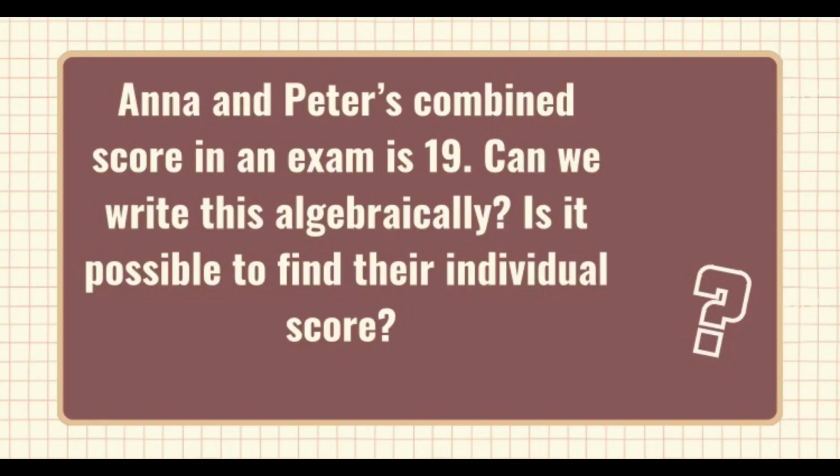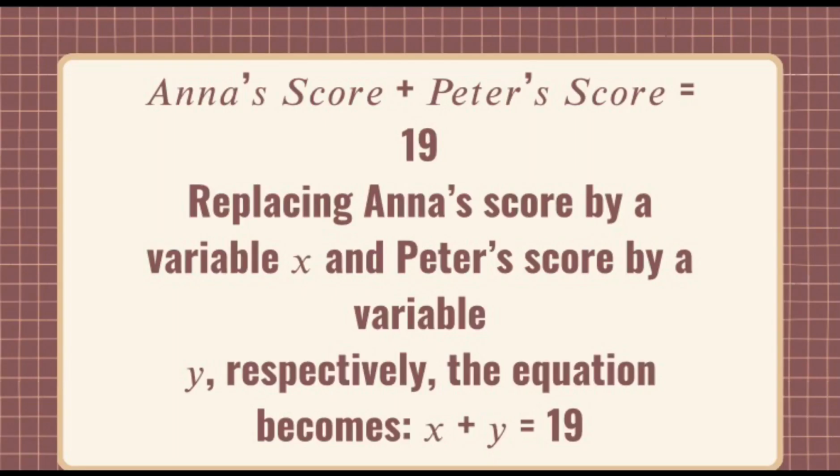Let's do a drill. Anna and Peter's combined score in an exam is 19. Can we write this algebraically, or is it possible to find their individual scores? If we rewrite this algebraically, it would become Anna's score plus Peter's score is equal to 19.